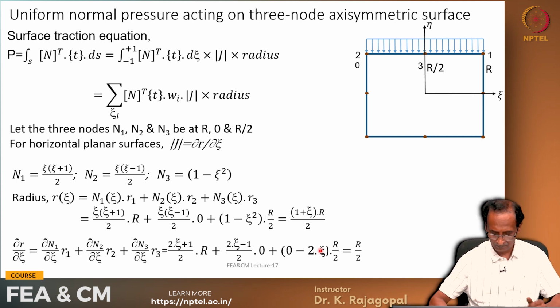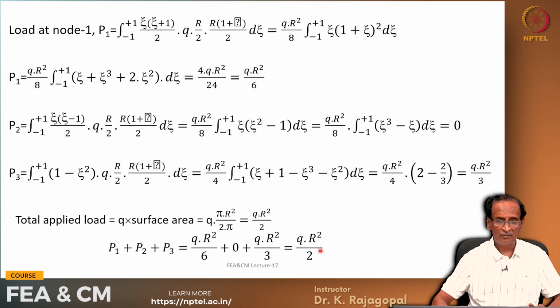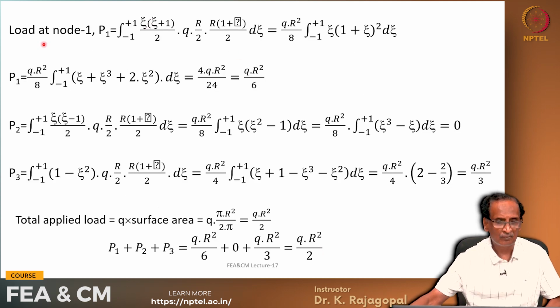The load at node 1, P1, is QR square by 6, and P2 is coming out as 0, and P3 is QR square by 3.